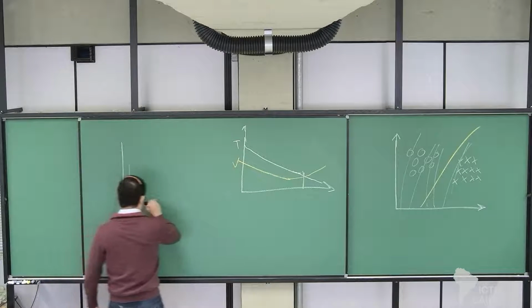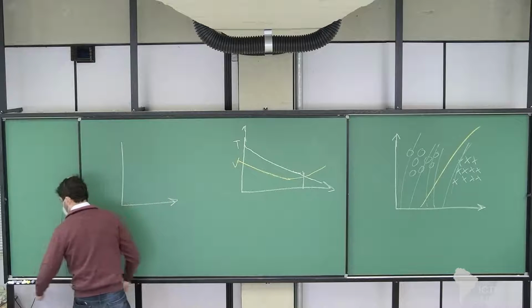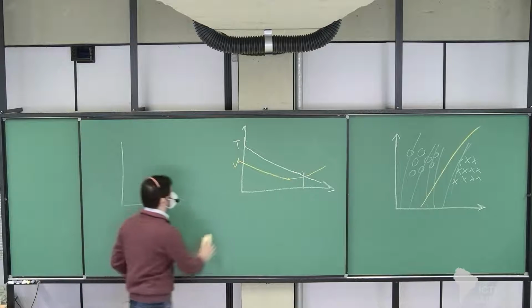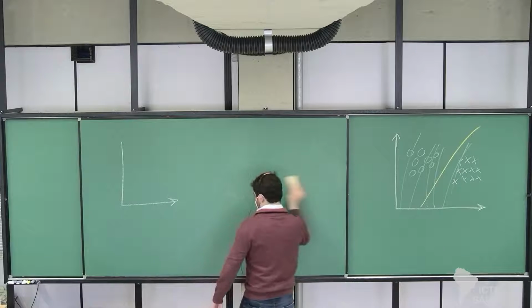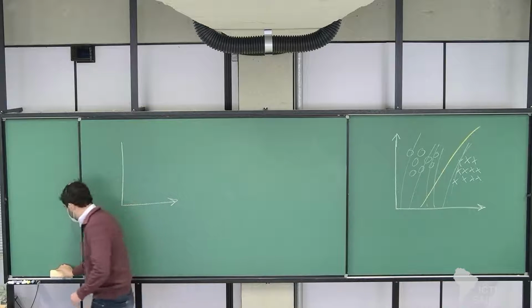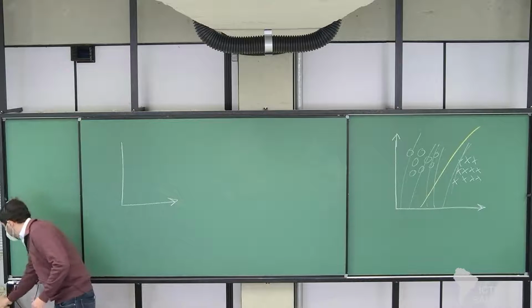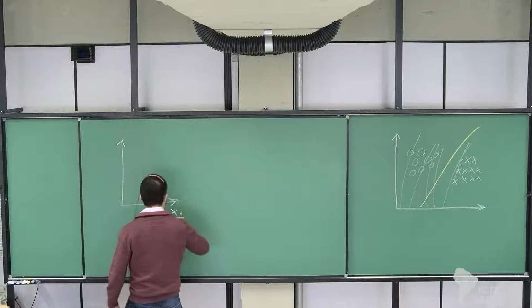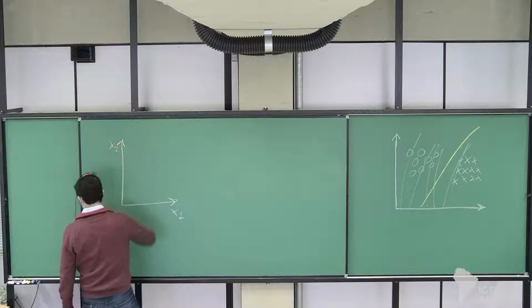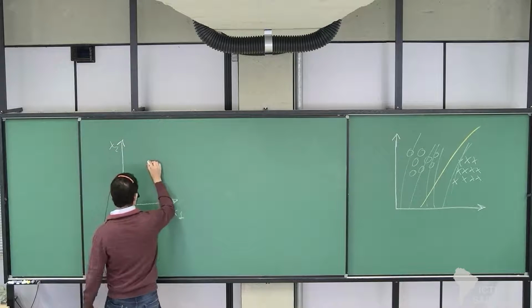again, now I'm going to erase this. Now suppose we have here x1, x2, and we have some data, let's say, like this.